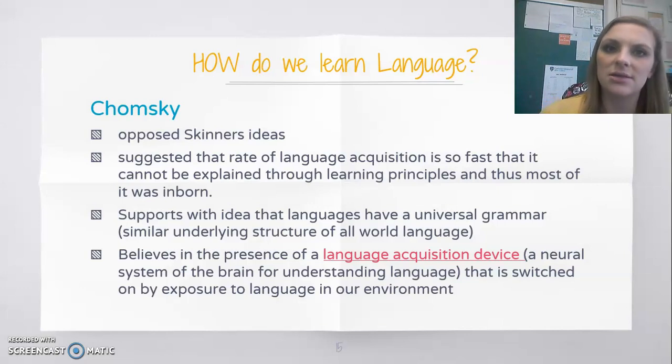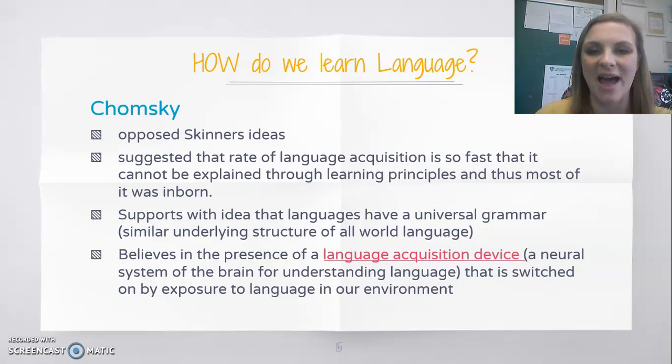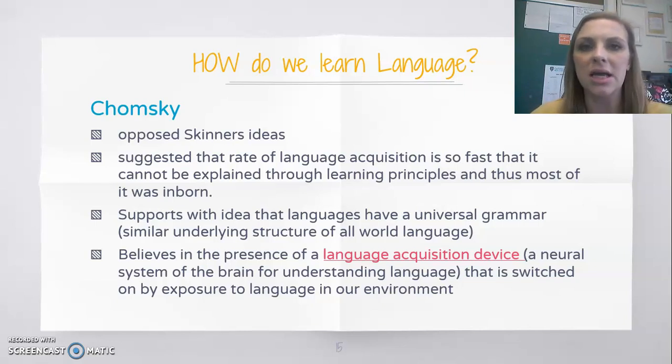Chomsky, on the other hand, said that we learn language so fast that we can't say that language is learned through operant conditioning because it would take too long. Conditioning takes a long time for kids to get. So he believed that most of our language was inborn, innate. He supports this idea that language has a universal grammar.